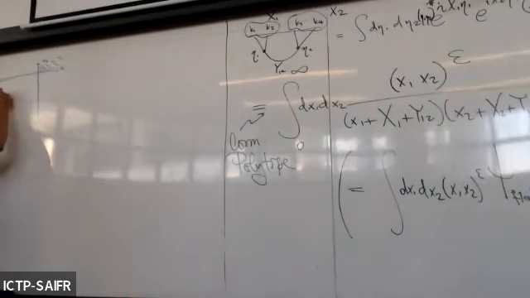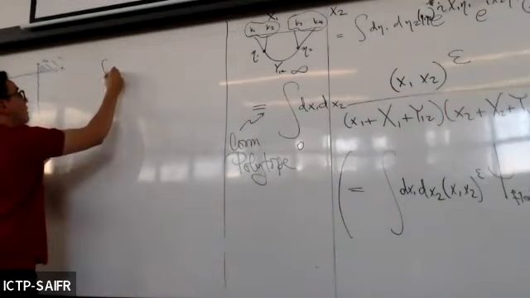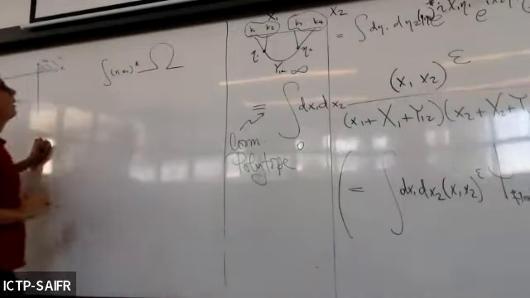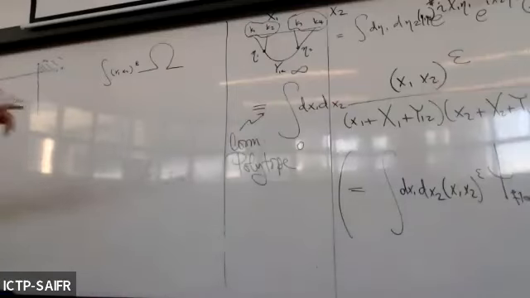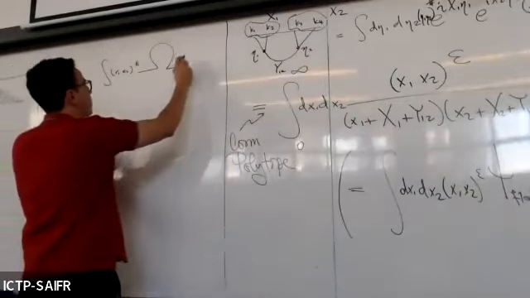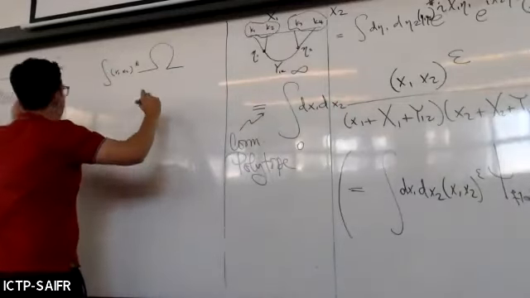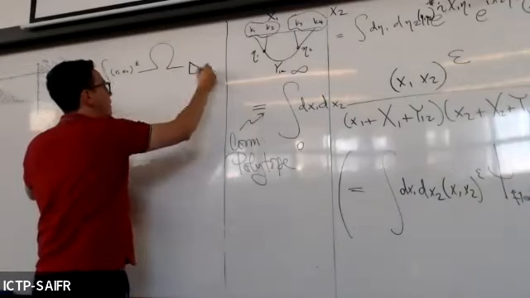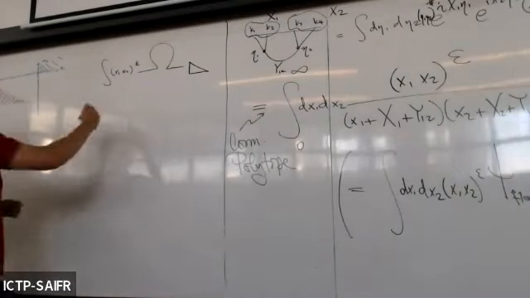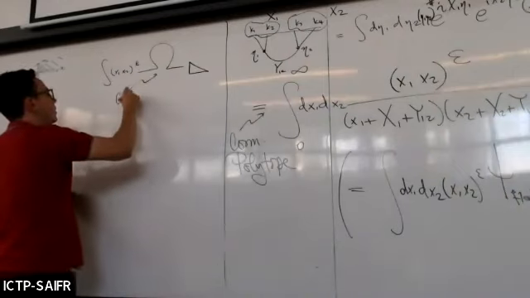The integrand is x1, x2 to the epsilon times a very special 2 form, dx1 dx2. This thing here is a very special 2 form. It's a logarithmic form that has singularity along the corners of this triangle. And it's essentially unique up to normalization. So this is called the canonical form. Canonical.